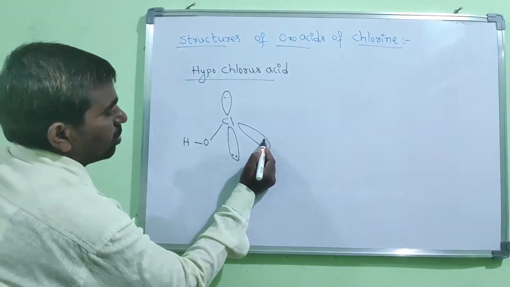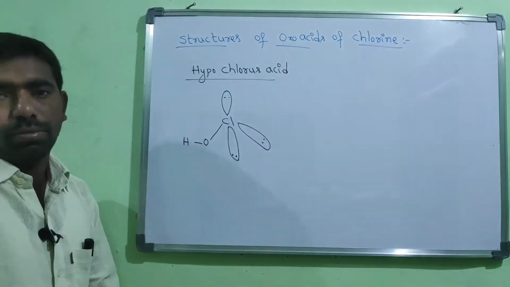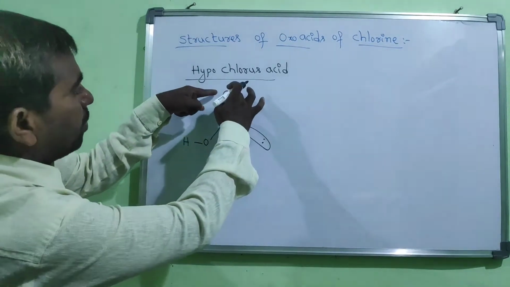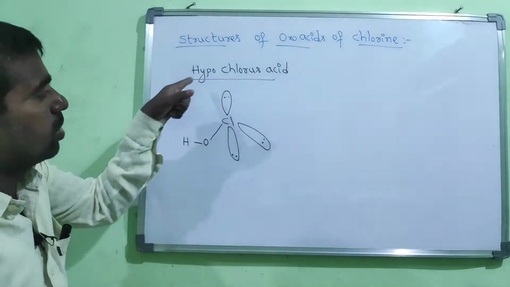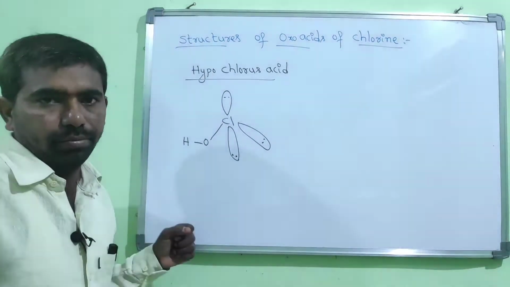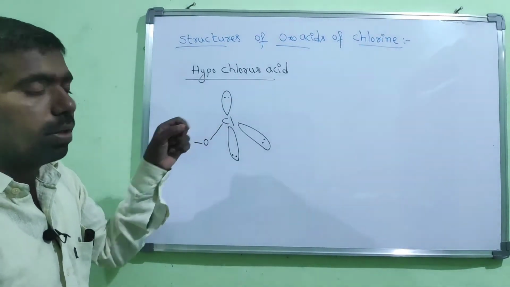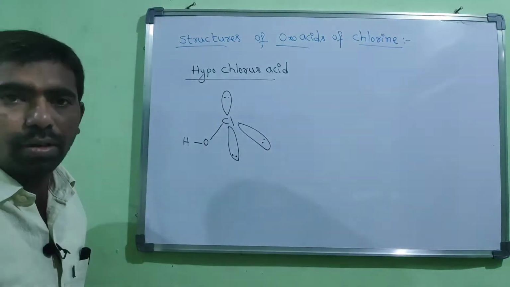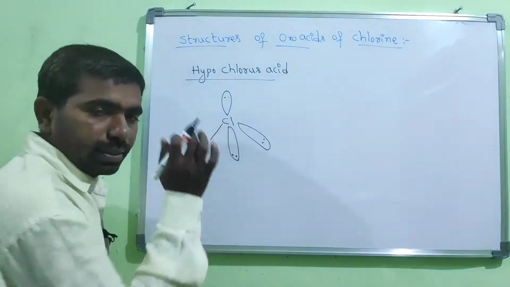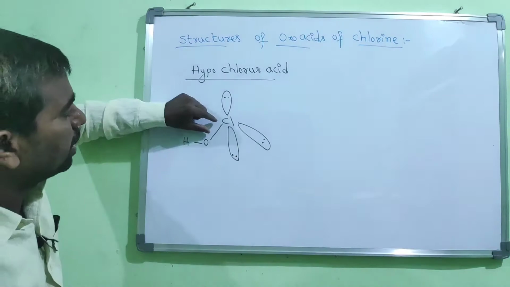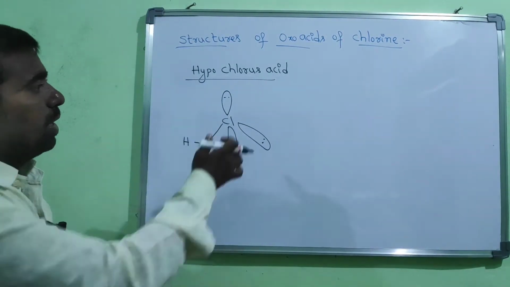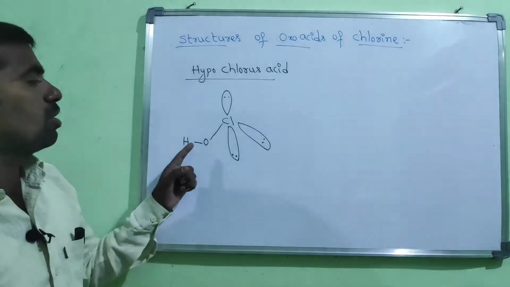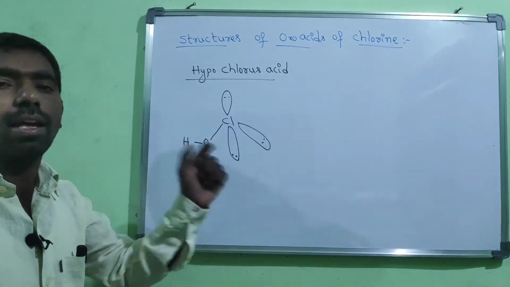So this is the structure of hypochlorous acid. With the consideration of these three lone pairs, we can say it has a tetrahedral structure. Chlorine has 7 electrons in the valence shell, 2, 4, 6, and another electron participates in the bond with the oxygen. That is the structure of HOCl, hypochlorous acid.